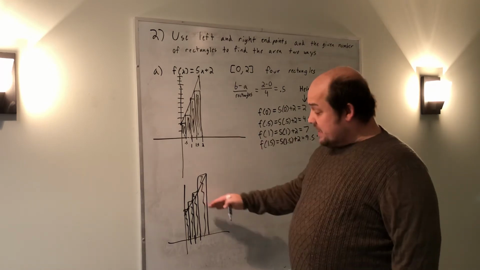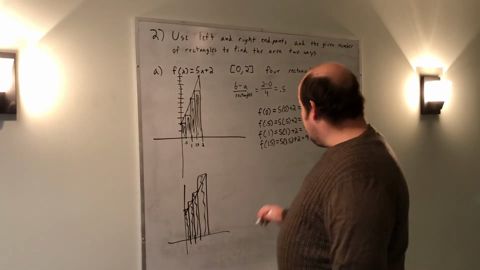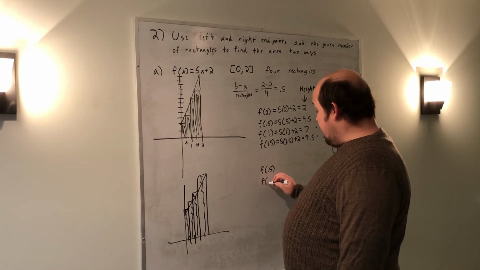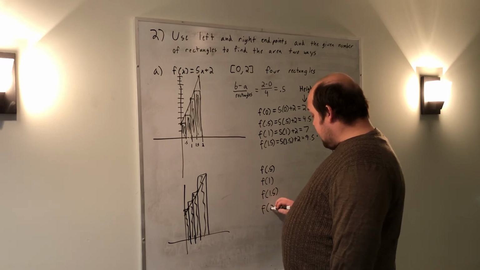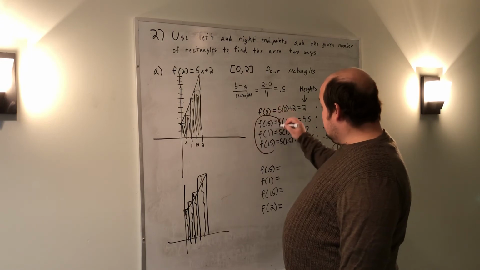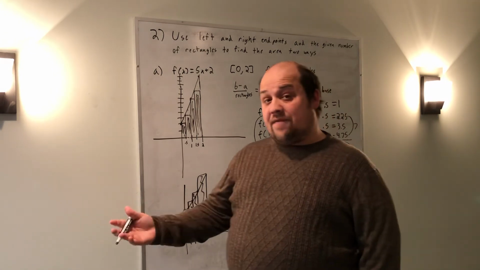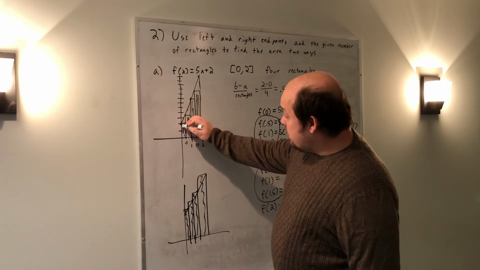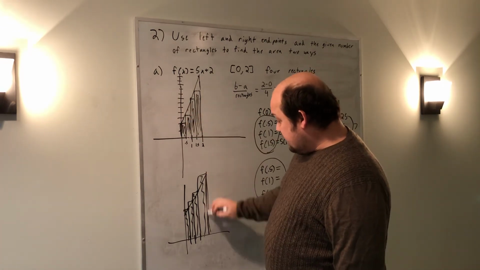If I now go down to my second drawing and I want to start doing right-sided endpoints, this first rectangle ends at 0.5, so it would be f of 0.5. Second one would be f of 1, third would be f of 1.5, and finally I'd get to f of 2. Notice that we've already done these 3. So really, when I change from left to right side, the only real change is I no longer look at the left side of the first one, and I now look at the right side of the last one.